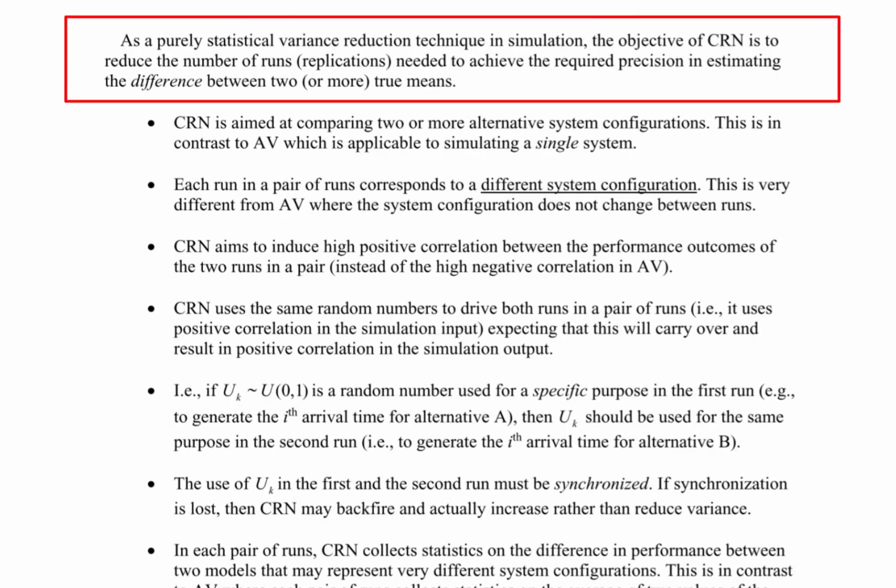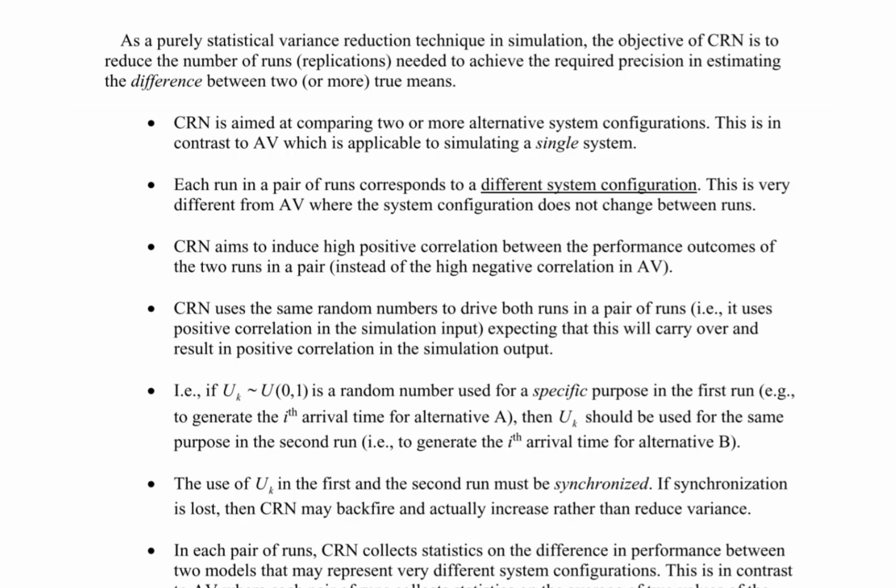As a purely statistical variance reduction technique in simulation, the objective of common random numbers is to reduce the number of runs, that is, replications, needed to achieve the required precision in estimating the difference between two or more true means. There are several important points that need to be made here.